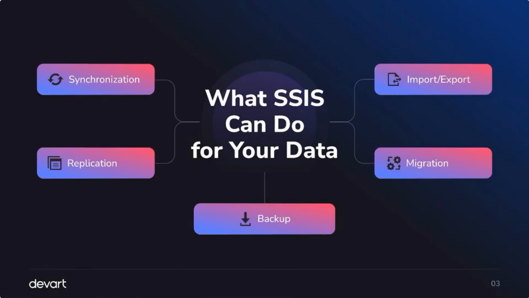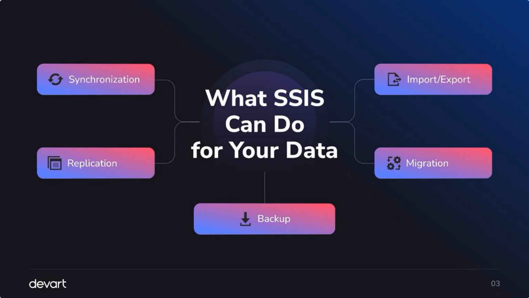All right, let's dive into the next part and find out what SSIS can do for your data. SSIS excels at importing and exporting data across systems and formats, making it seamless. It's also great for migrating data from legacy systems to modern platforms like the cloud with minimal disruption.